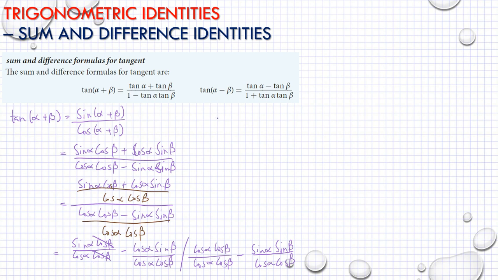Then we have tangent alpha minus, cosine alpha will become 1 there, so we have tangent beta divided by, this will become 1, this will become 1, then we have 1 minus tangent alpha tangent beta.